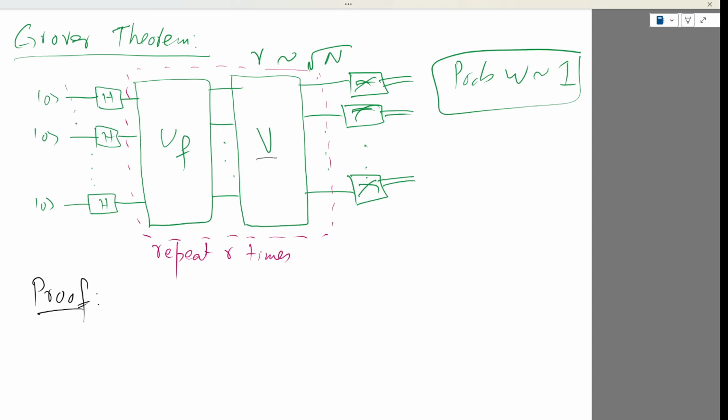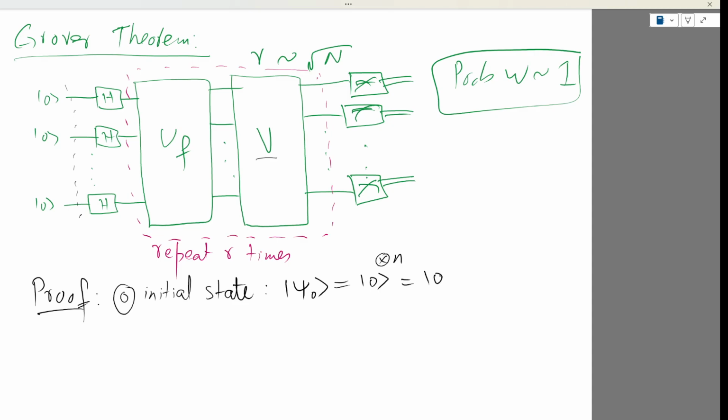So let's start with the initial state. Let's call it some psi 0, where all qubits are in 0 state. And this tensor n means that we have n qubits.